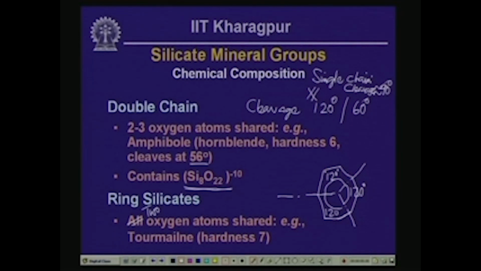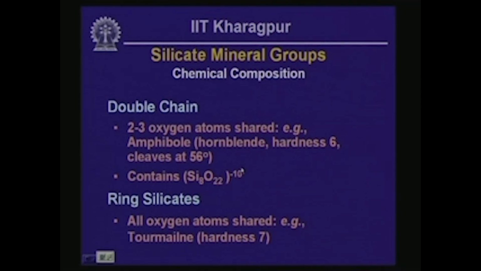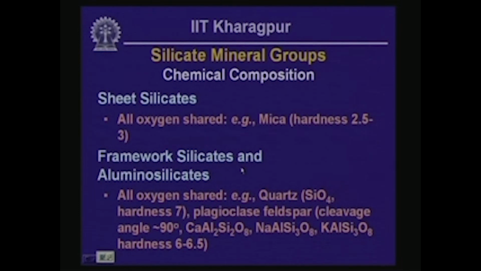And if you remember, the crystal here is going to be a prismatic form, and in 3 dimensions it is going to look approximately as shown on the sketch that I have just drawn. Okay, so that takes care of ring silicates as well. Reverting back to the slides.